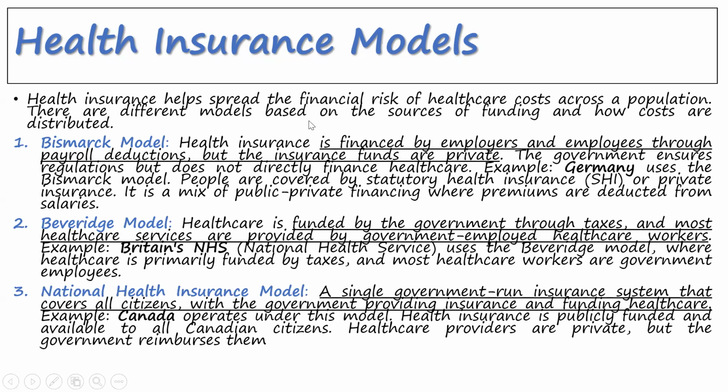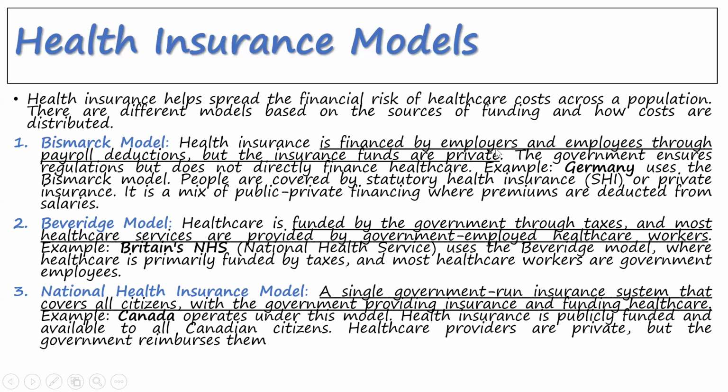There are different models based on the sources of funding and how costs are distributed. So, for example, you have the Bismarck model. This is in Germany. Health insurance is financed by employers and employees through payroll deduction, but the insurance funds are private.